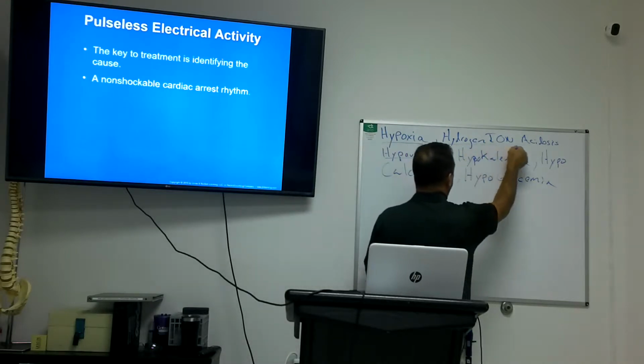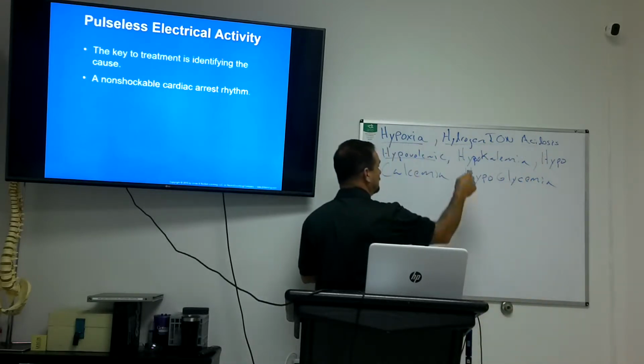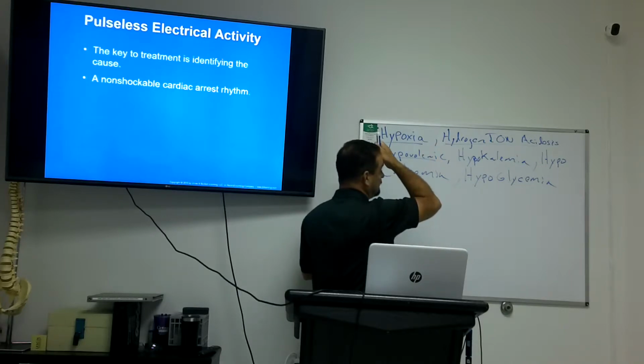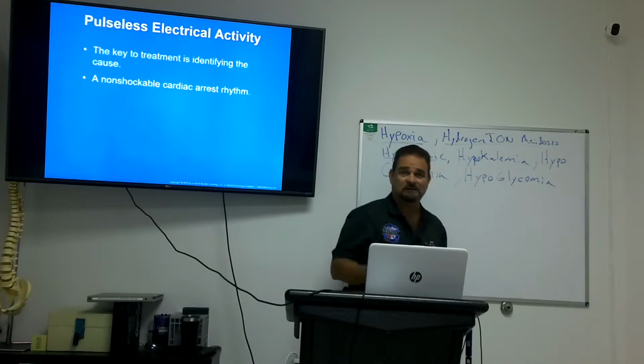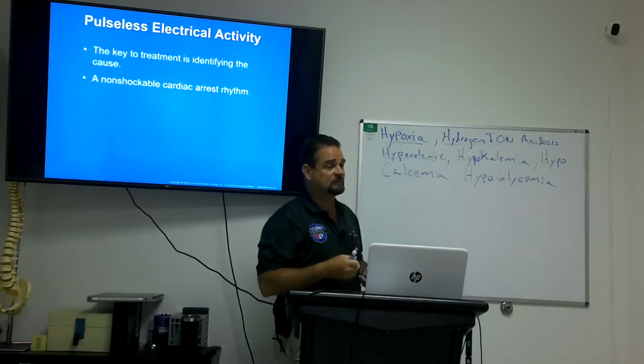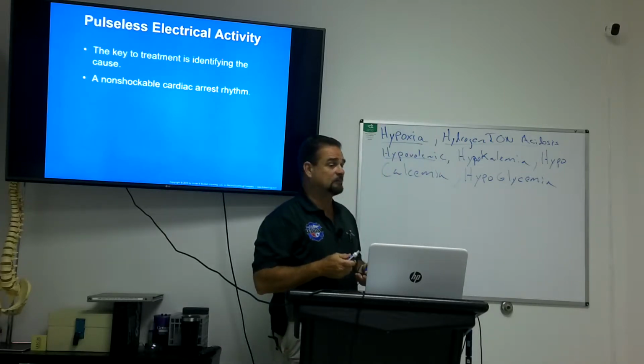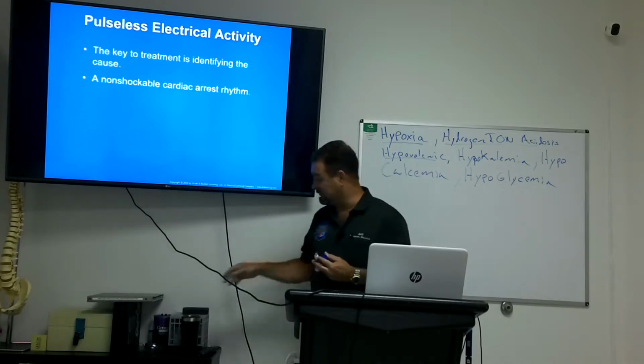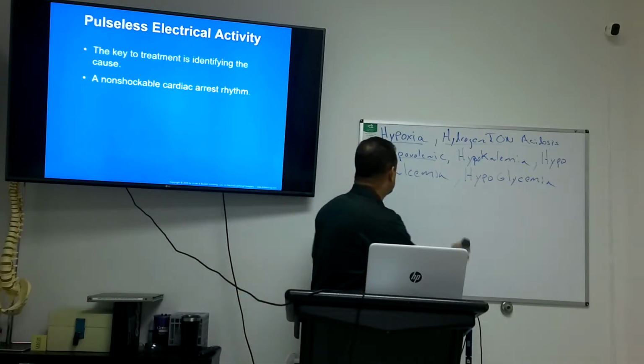Number three, hydrogen ion acidosis. The hypokalemia, hypocalcemia, and the hypoglycemia, those are for specific types of patients. Diabetic patients, renal patients, patients that take potassium supplements that outweigh the amount of calcium that they have in their bloodstream, those kinds of things. So, those are your H's.